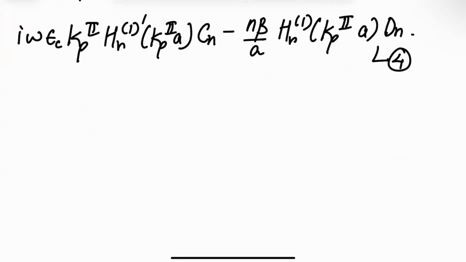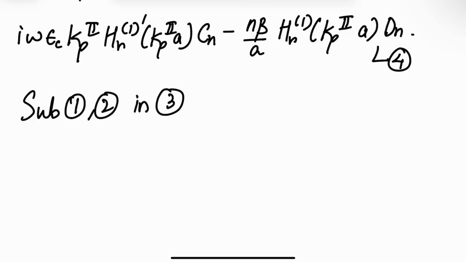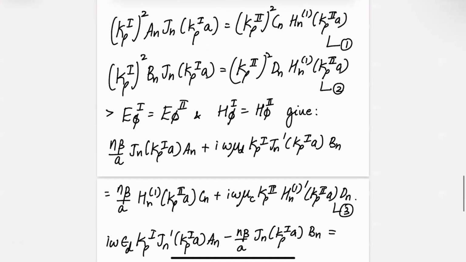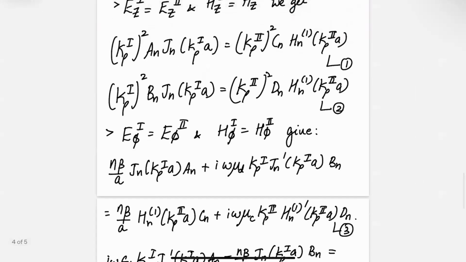Okay, so let's actually do it rather than skipping the derivation. So I'll substitute equations 1 and 2 in 3, right? So basically I'm saying that in place of C, I'll write this part. So I send all of this to the other side.